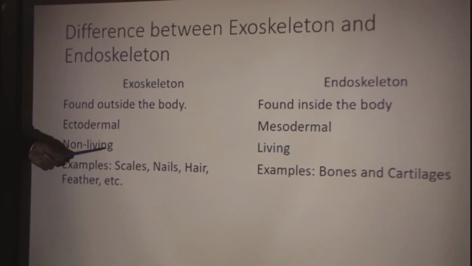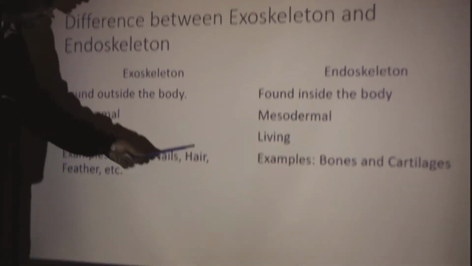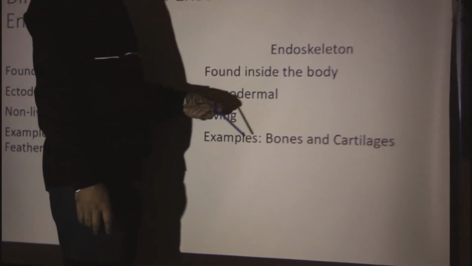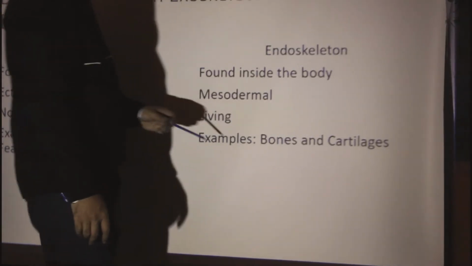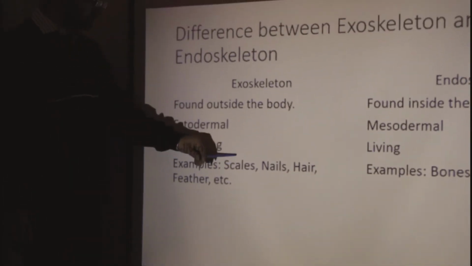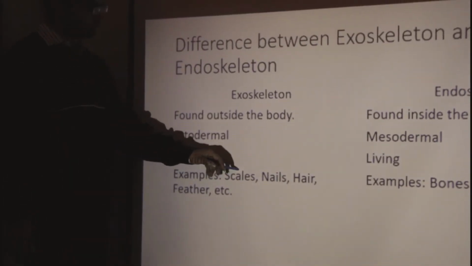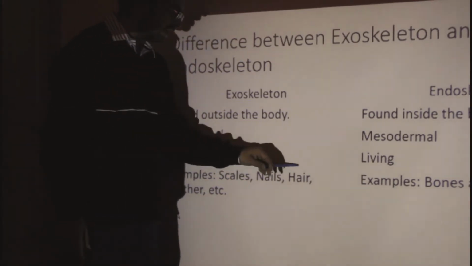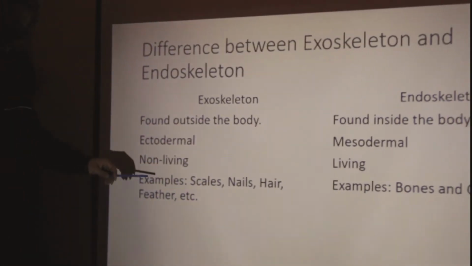Examples of exoskeleton are scales, nails, hair, feathers, etc. And examples of endoskeleton are bones and cartilages. Scales are an example of exoskeleton found in fish, nails and hair in humans.